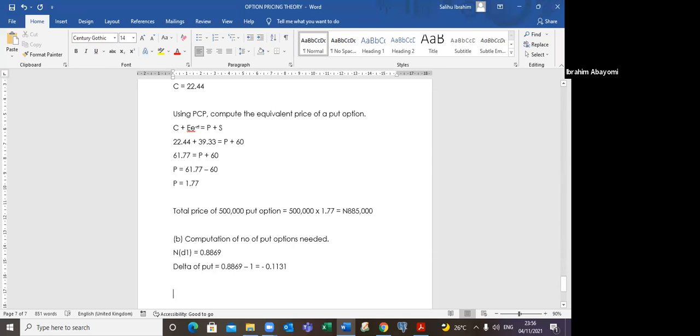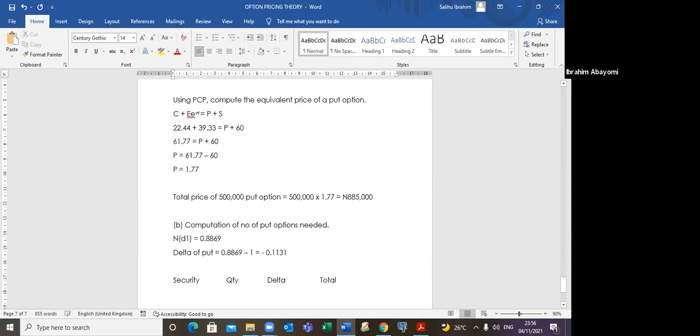So I will now say, the same way we did the other one, security, quantity, delta, then total. Security is shares, quantity is 500,000, delta is 1, total 500,000.